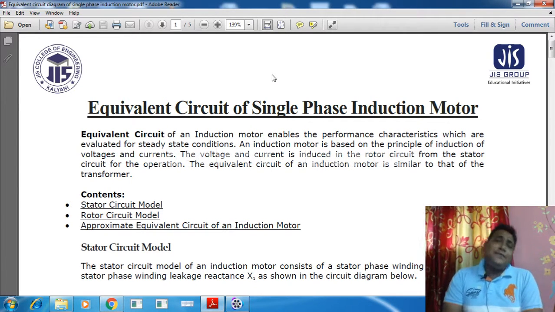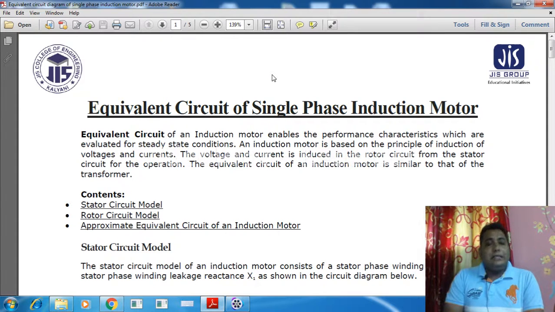First we will start with what an induction motor equivalent circuit is. The equivalent circuit of an induction motor enables the performance characteristics to be evaluated for steady state conditions. An induction motor is based on the principle of induction of voltages and currents.